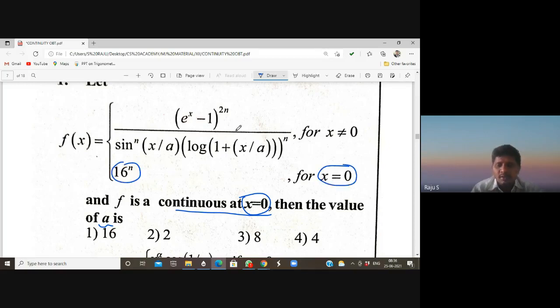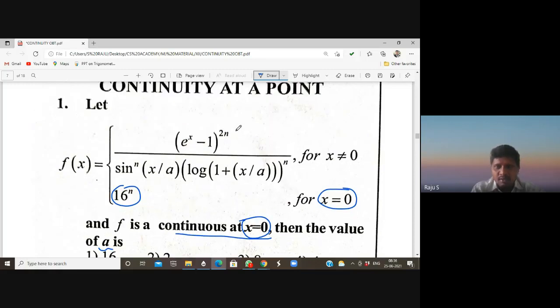Since here we can apply the second formula, the limit extends to a minus or a plus, in both cases it will give the same formula. Otherwise the first formula also.